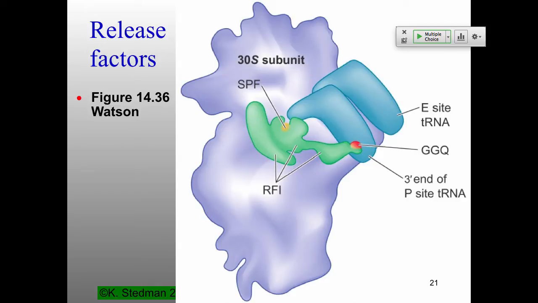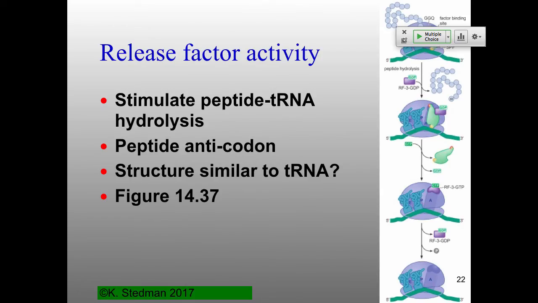But now, after this has happened, you have this situation: the released peptide with a release factor here, and then two tRNAs, one sitting in the P site and one sitting in the A site. Now you need to remove all of these things from the messenger RNA. How can you get that to take place?